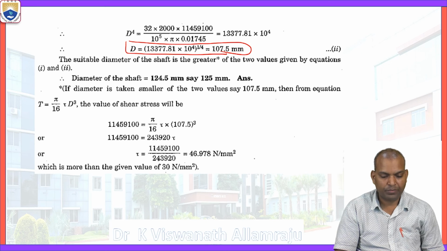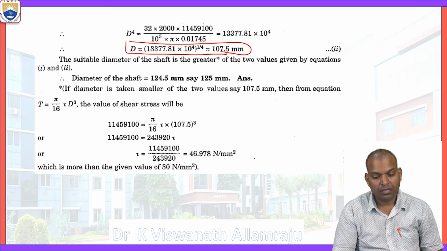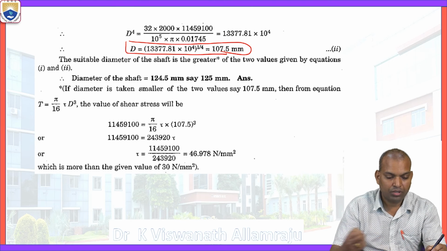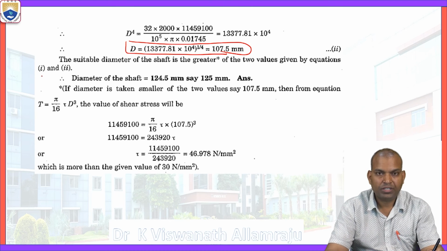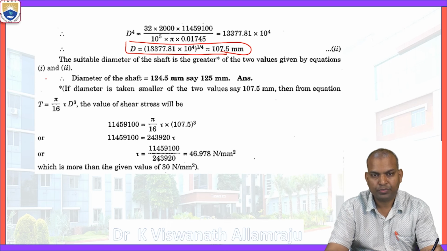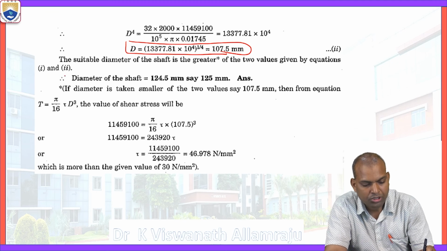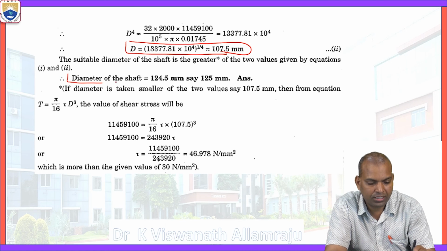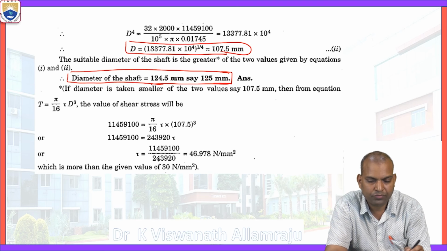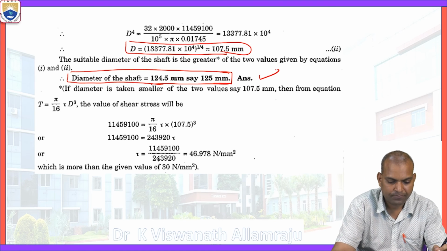For design purposes, we have to consider the maximum of the two values as the diameter of the solid circular shaft. So the diameter of the shaft is the maximum of both values, that is 124.5, and in round figure, that is 125 millimeters.